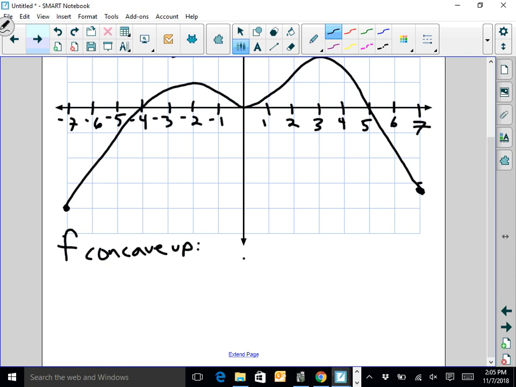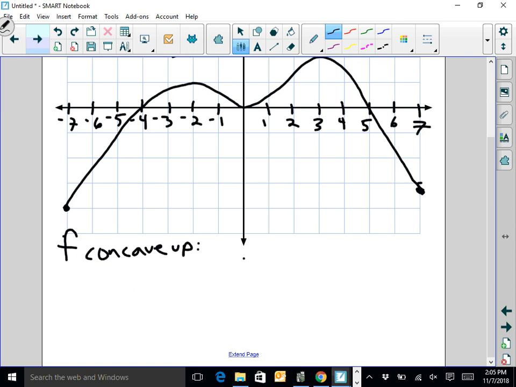That doesn't matter here because I don't have an F prime graph. I have an F double prime graph. Concave up's definition for F double prime is greater than 0. So if I want to know where F is concave up based on this graph, I need to look at where this graph is positive because I want to know F double prime greater than 0.